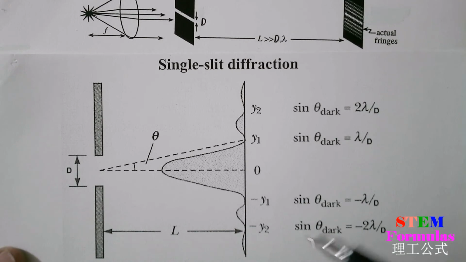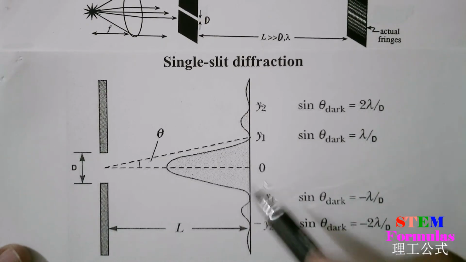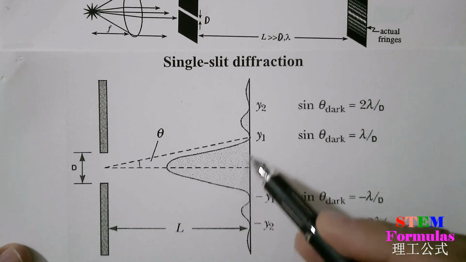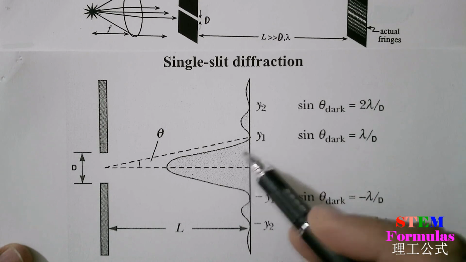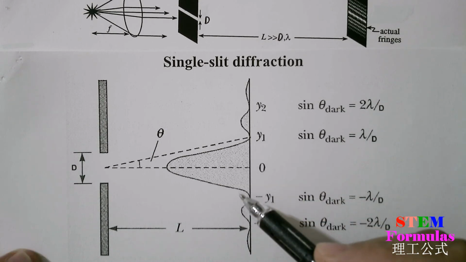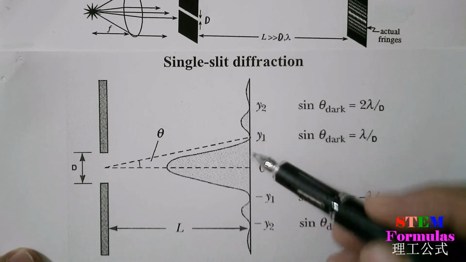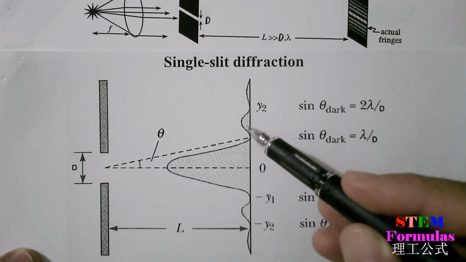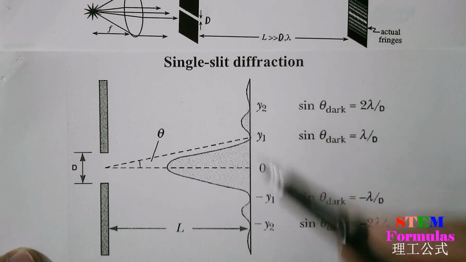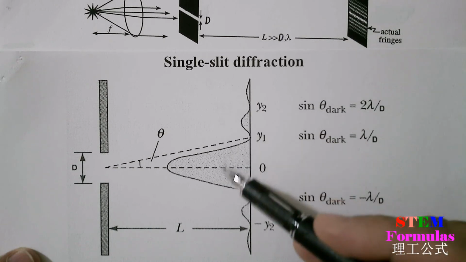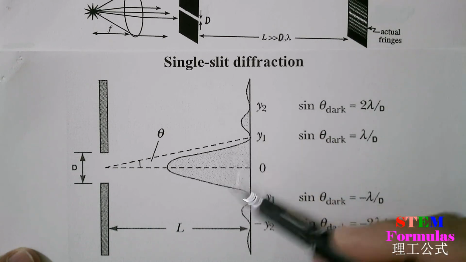On the viewing screen, we will have a center wide bright fringe. Then on the side we have many bright fringes, but the center one is a wide bright fringe.